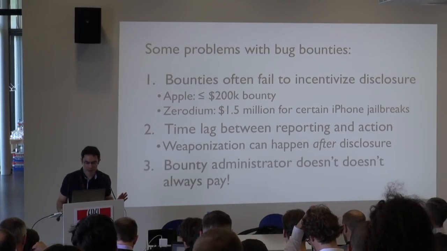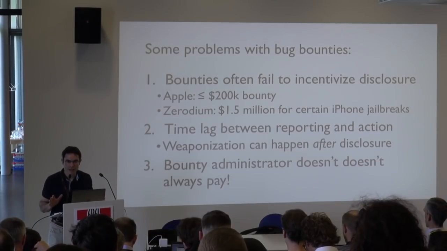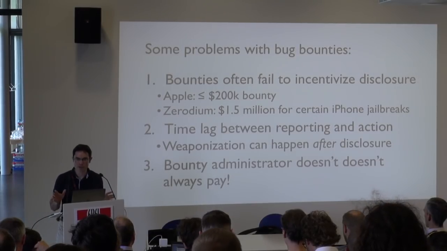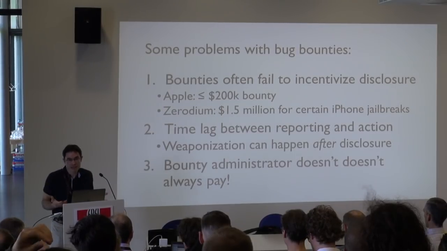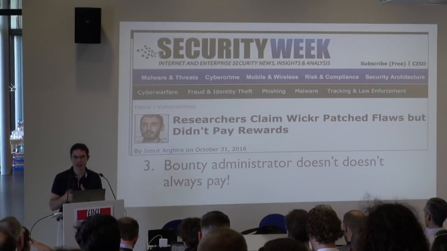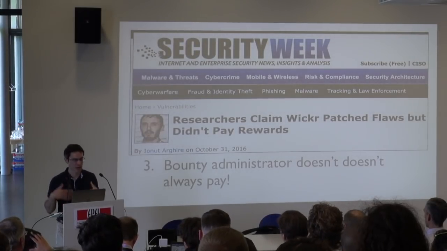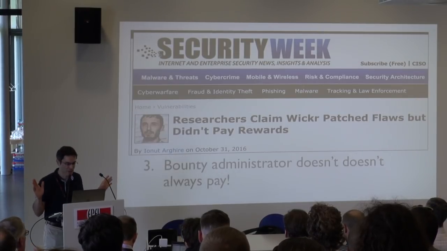Problem number three is that bounty administrators often just don't pay. Or they pay hackers who have dutifully reported vulnerabilities, exploits, less than they would seem to be entitled to. And this happens again and again, where hackers in good faith will report bugs and then they just don't get the bounties that they're entitled to.